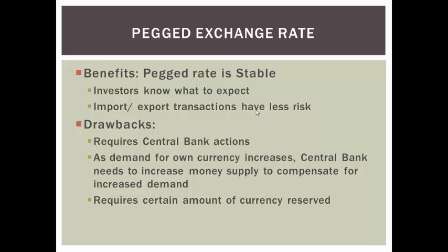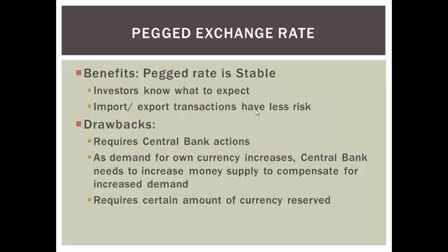And that's it. It's never going to change. No matter what supply and demand is, we're always going to keep it that way. How are we going to do that? Well, let's talk about benefits and drawbacks, and we're going to discuss how a country can actually fix that exchange rate, how they're going to deal with supply and demand.